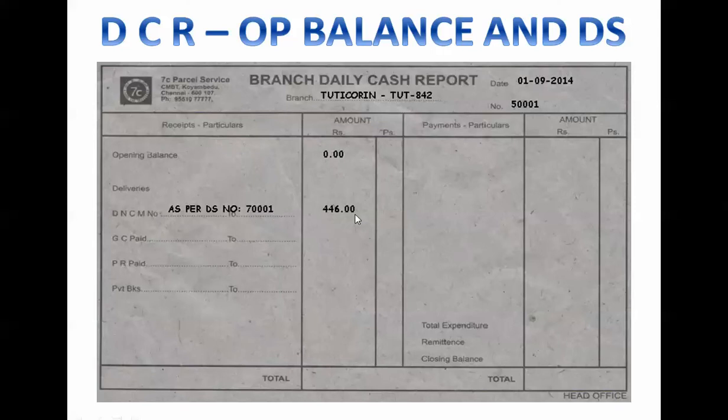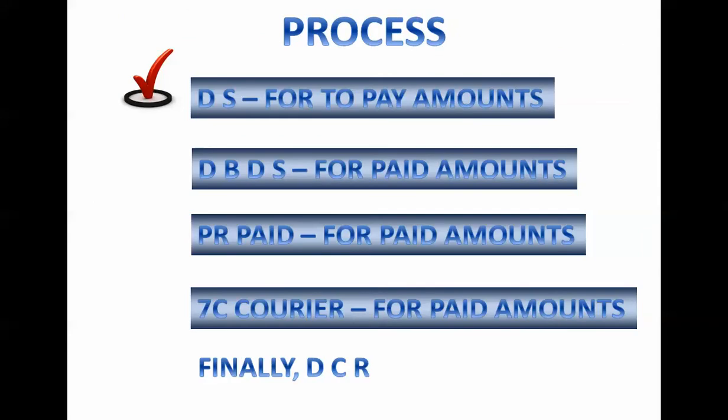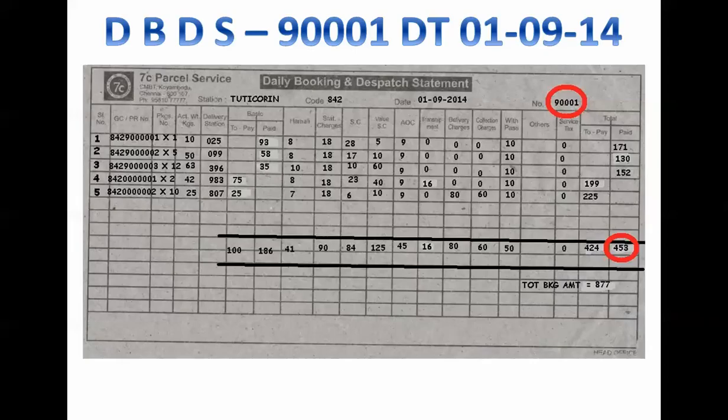Next, let us see what is the amounts he has collected through the DBDS, that is for the paid amounts. To take the DBDS what he has prepared dated 19/2014, DBDS number is 90001. Here you will find in the DBDS to pay amounts are also mentioned and paid amounts are also mentioned.